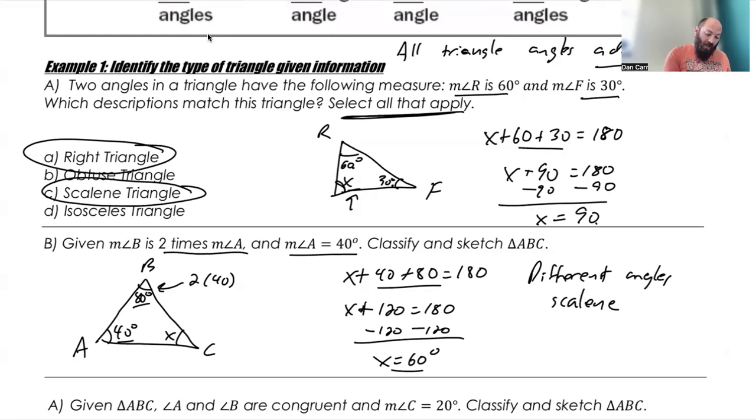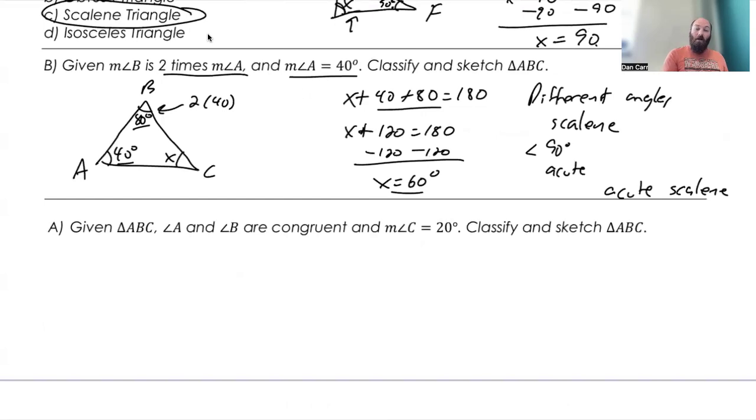Additionally, all the angles are less than 90 degrees. That makes it acute. So if I put both of these classifications together, I would say it's an acute scalene triangle. Okay. Same thing as the last one.